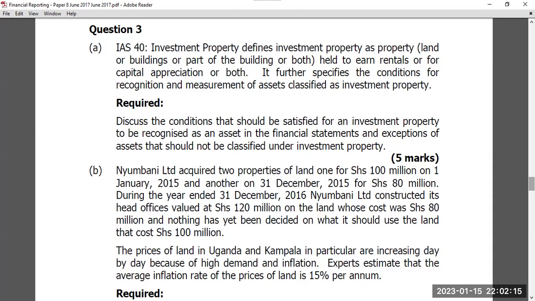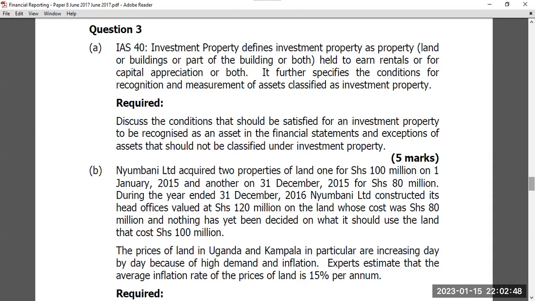Question 3, without wasting more time, says, question 3 part A says IAS 40 investment property defines investment property as property (land or building or part of the building or both) held to earn rentals or for capital appreciation or both.